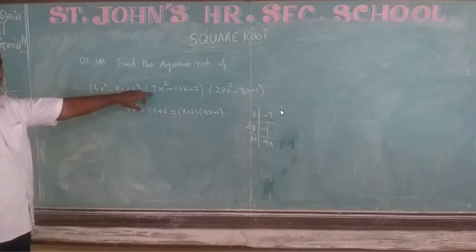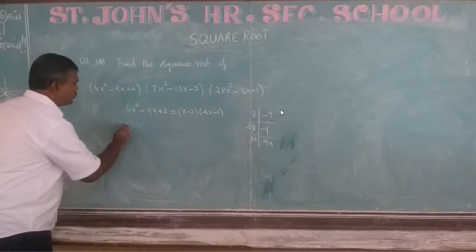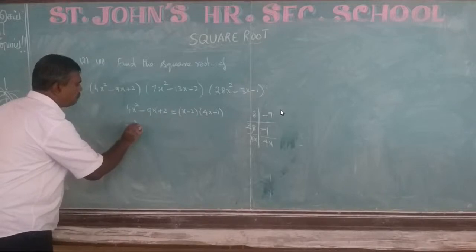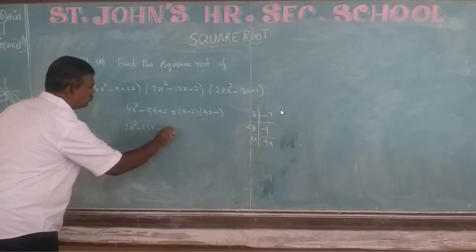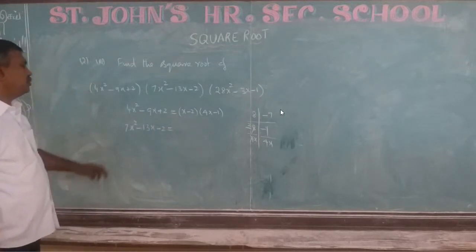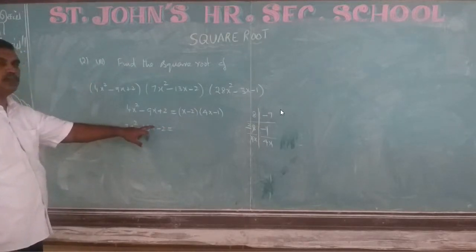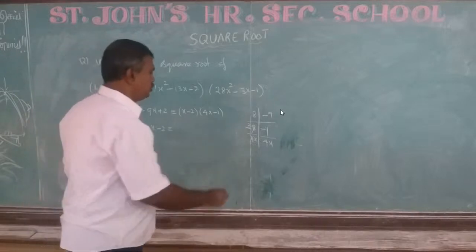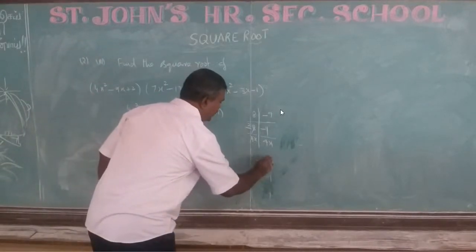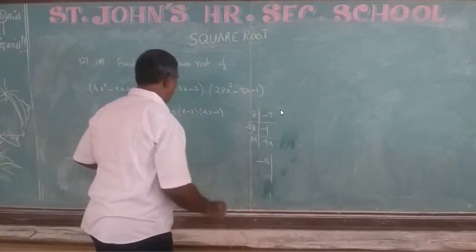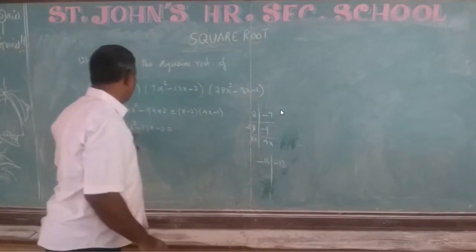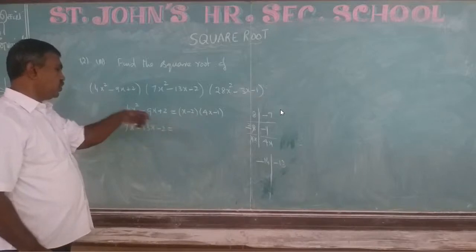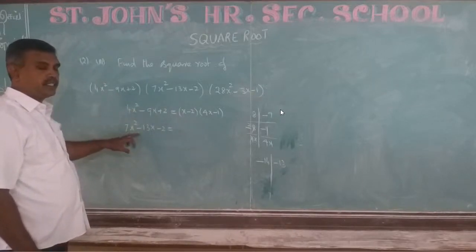We take the second value, that is 7x squared minus 13x minus 2. Now we take the T method, that is the product is 7 into minus 2, minus 14. The sum value is minus 13.